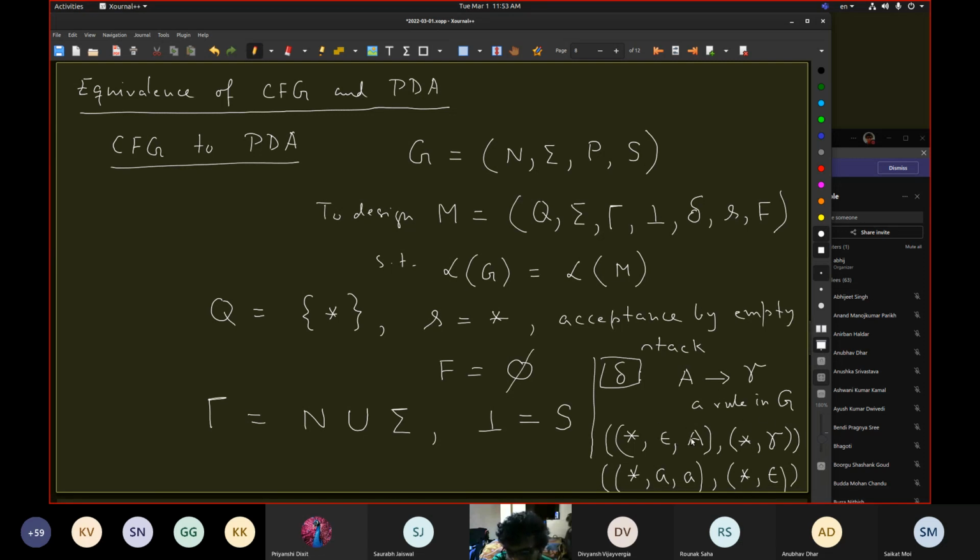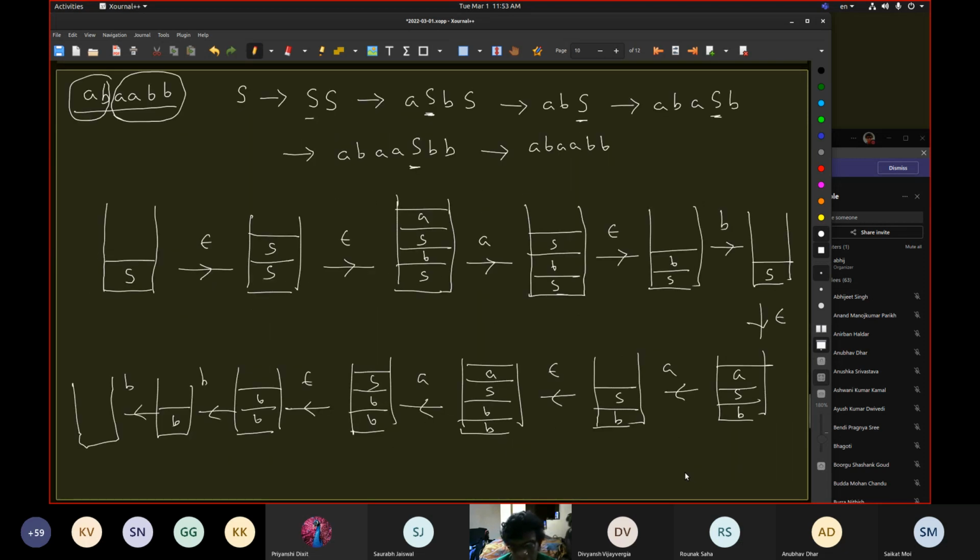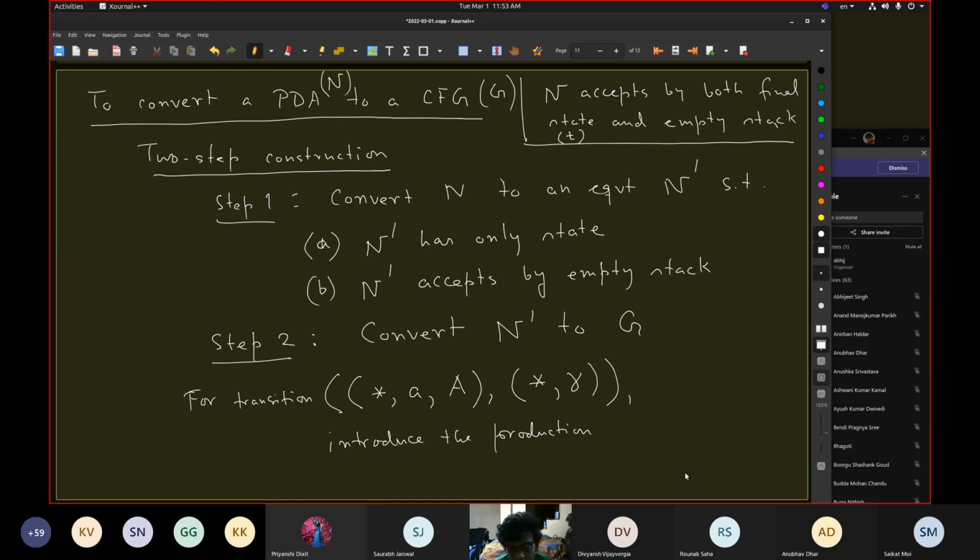These are epsilon transitions. These are real consumptions of symbols. So what should I do here? Any idea?